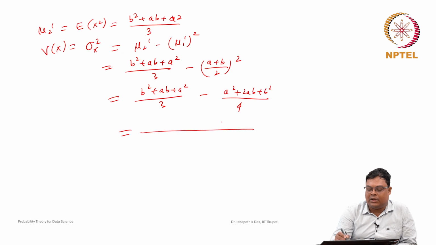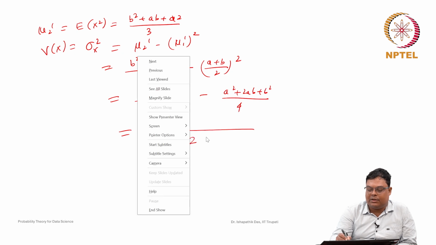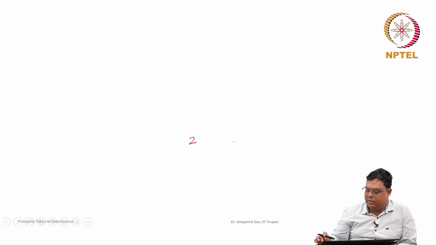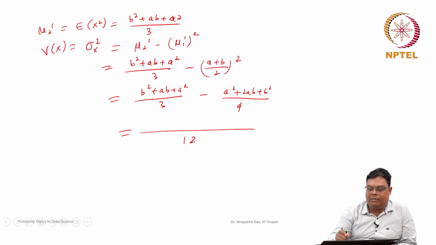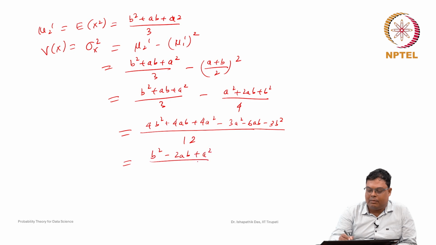Then we just simplify this with 12 as the common denominator, and the numerator is 4 b square plus 4ab plus 4 a square minus 3 a square minus 6 ab minus 3 b square. So, what we got is nothing but b square minus 2ab plus a square by 12.